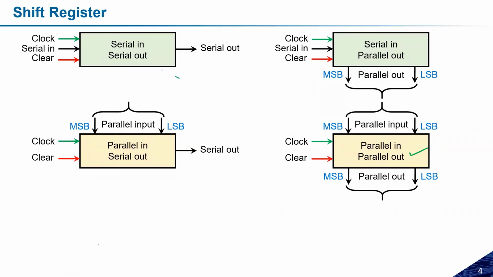But for the others, how much time is required depends on the size of the register. If it is an 8-bit register, it will take 8 clock pulses to give the exact output whatever we have. So this is the importance.